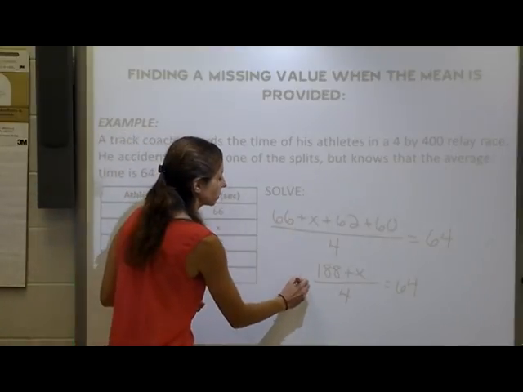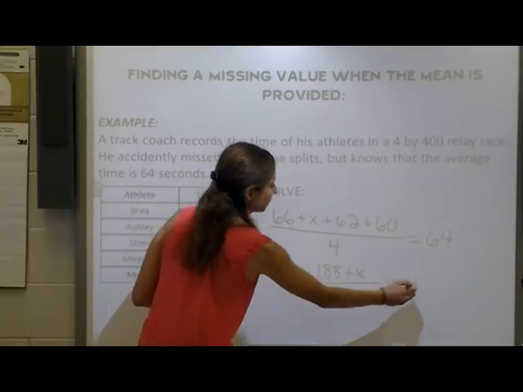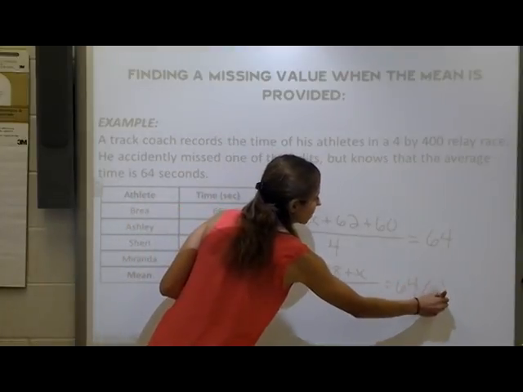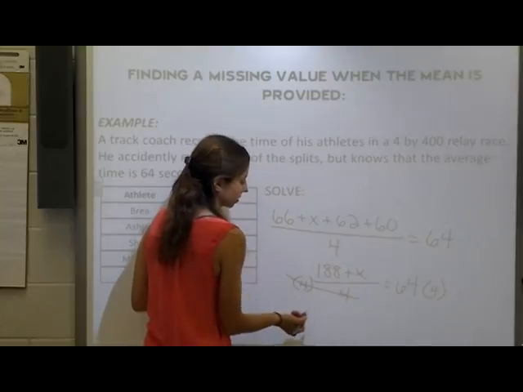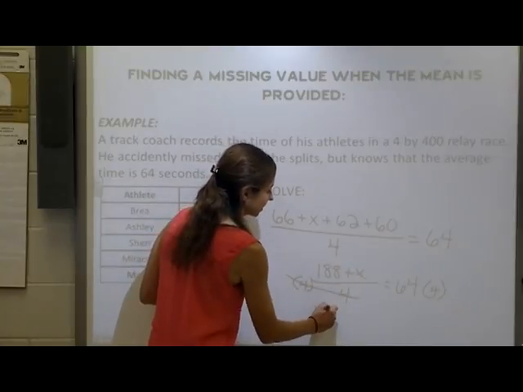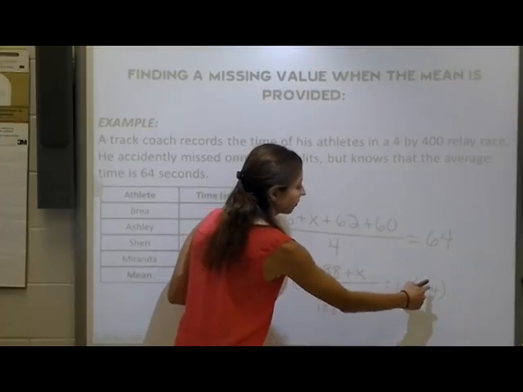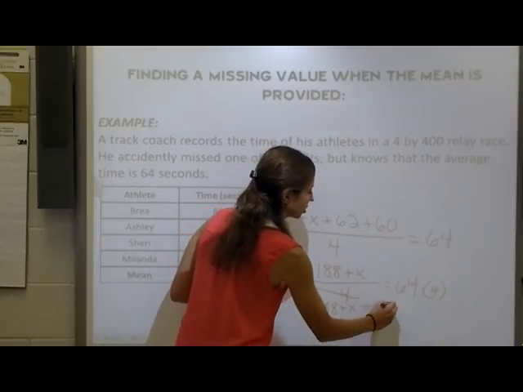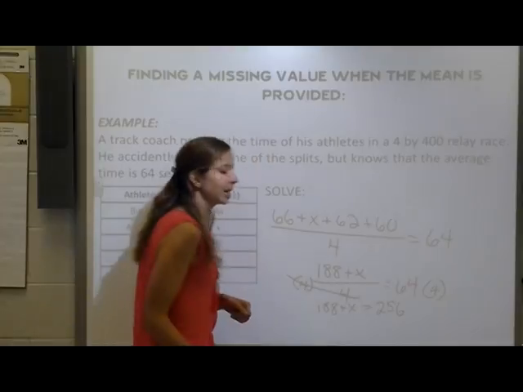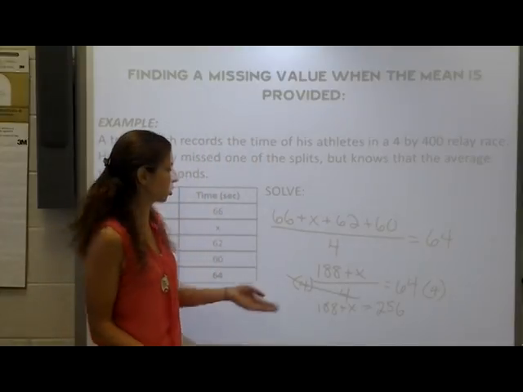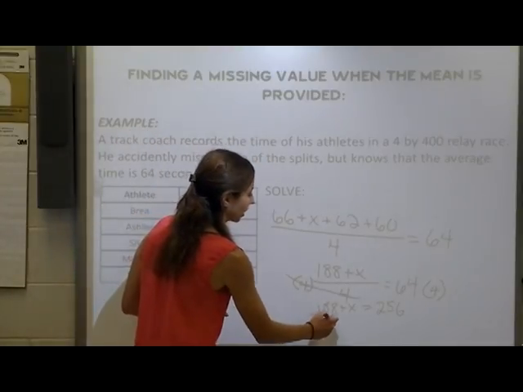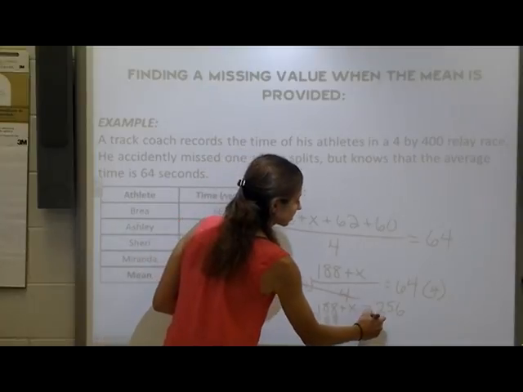So we're going to multiply both sides by 4, and we're going to cancel out. If we drop this down, 64 times 4 is 256. And now we're at a one-step algebraic equation. We subtract 188 on both sides.